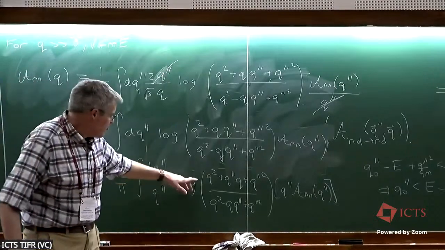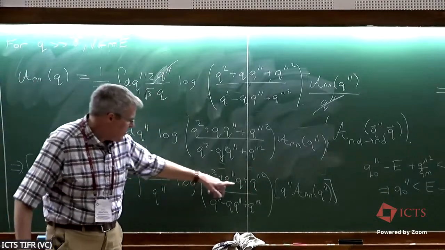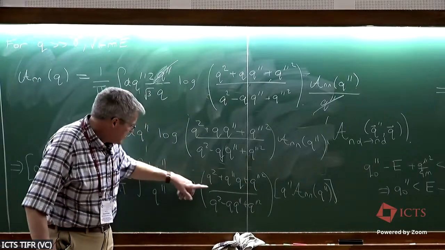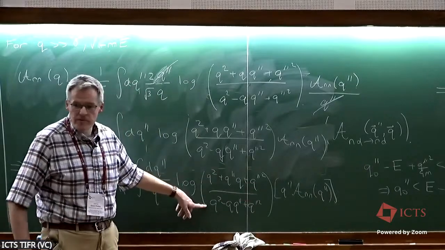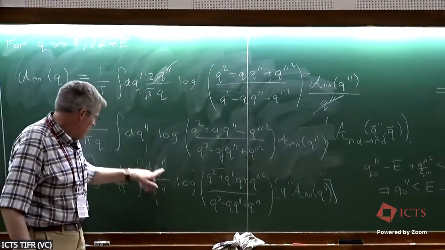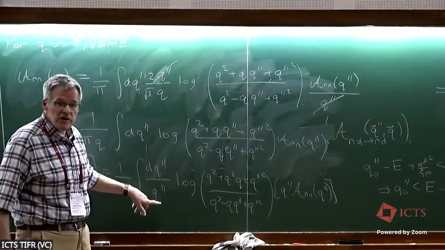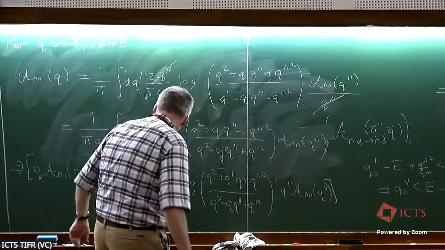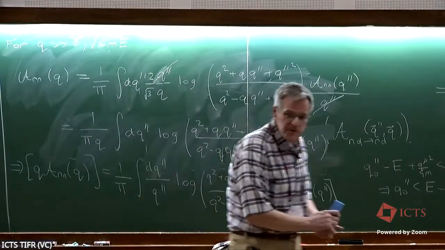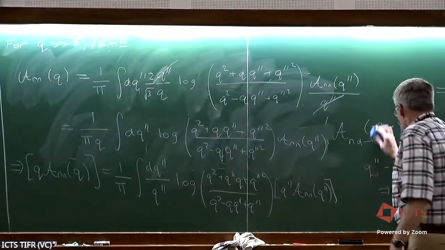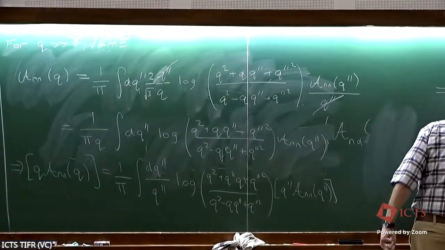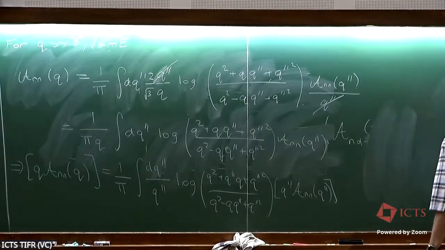Because if I change my units in which I measure momentum, this doesn't change. And here I have an invariant measure, dq double prime over q double prime. So this doesn't change. So this integral equation has continuous scale invariance. Everything in the integral equation, one way to think about this is the only thing that matters is the ratio of q double prime over q.